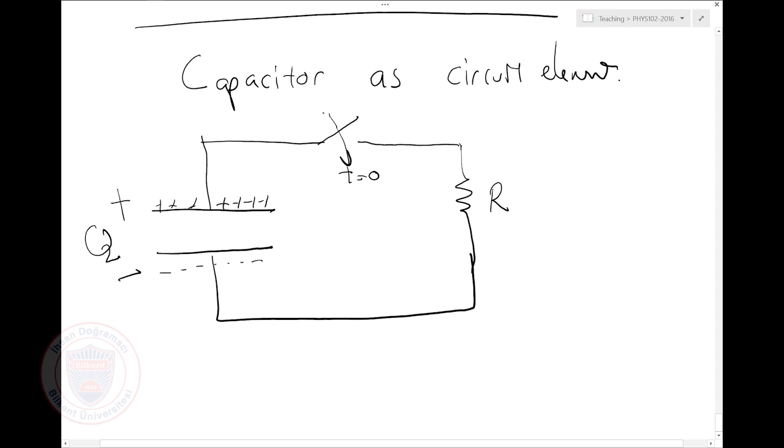Plus charges will start migrating through the resistor to the minus charges. So what will happen eventually at the very end of the day, if I wait long enough? All these plus charges must have gone to the other terminal and they must have neutralized the minus charges. So at the end of the day, I expect the capacitor to be fully discharged.